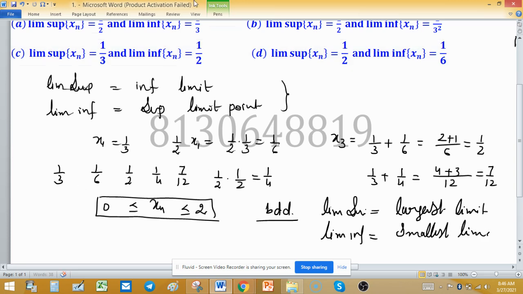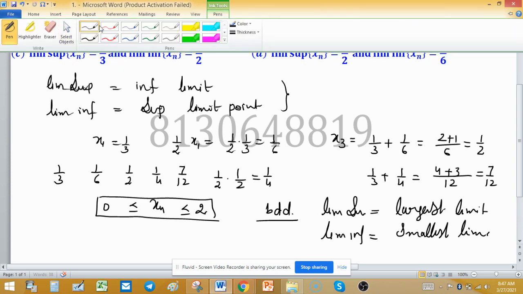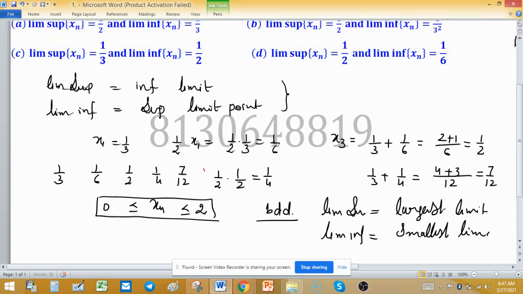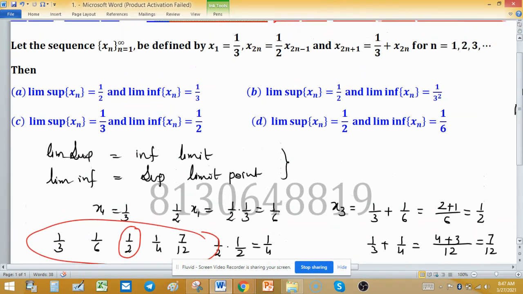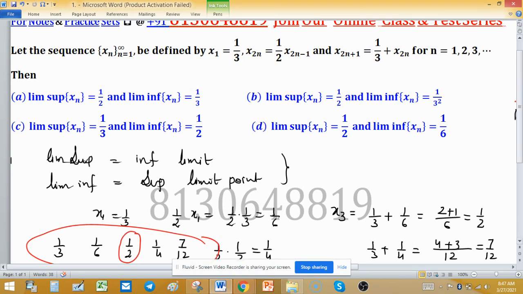So for these few terms, we can say that the largest point is half. So limit superior may be half. Remember the use of the word may, not confirmed.